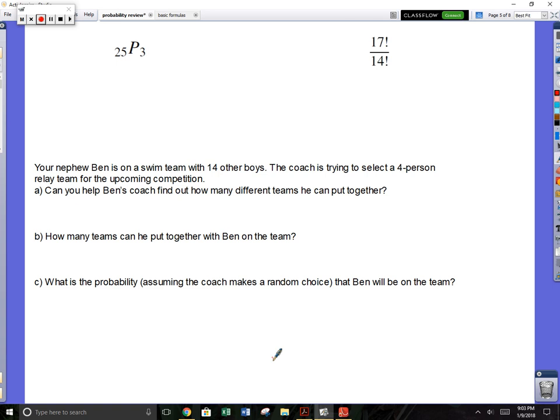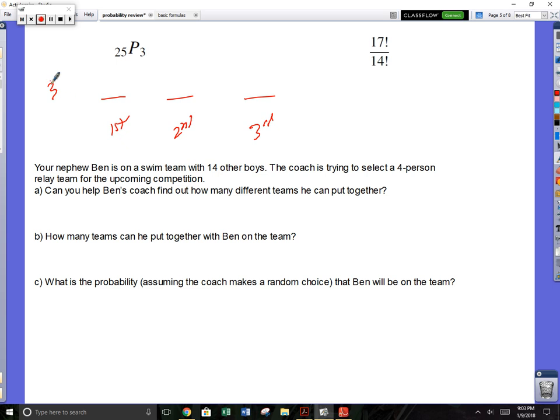Now, okay, so factorial. Factorial is pretty easy to understand. If I have 3 racers and I want to know how many different ways they can finish the race, there's either a first place, a second place, or a third place.